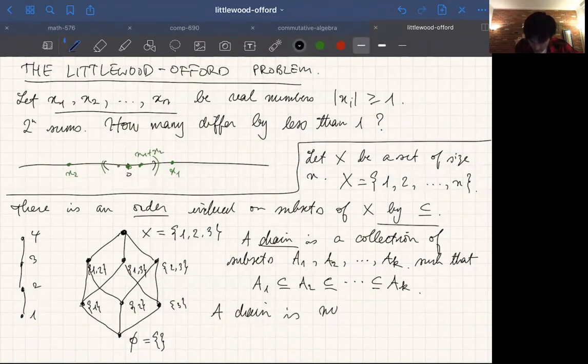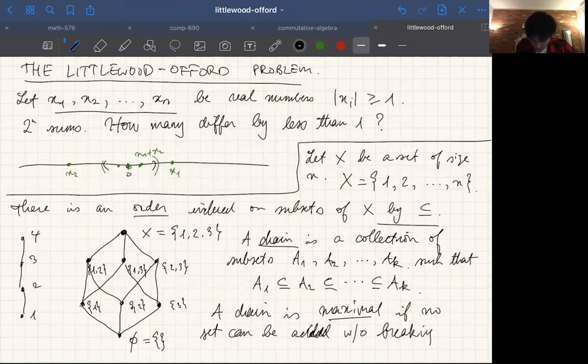We'll say a chain is maximal if no set can be added without breaking the chain property. Right? So what does that mean? So this is a chain, but it's not maximal because we can add this guy to it.